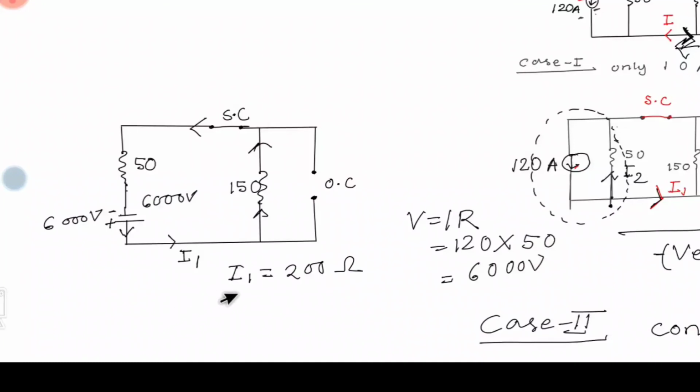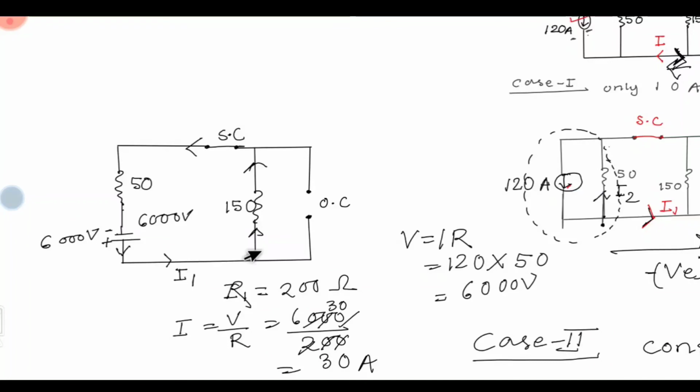So current I1 equals V by R. V equals 6000 and the resistance is 200, so that is also the same, 30 ampere. So in this way, after converting the source, the calculation gets much easier.